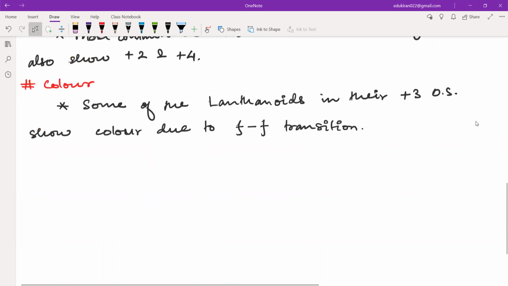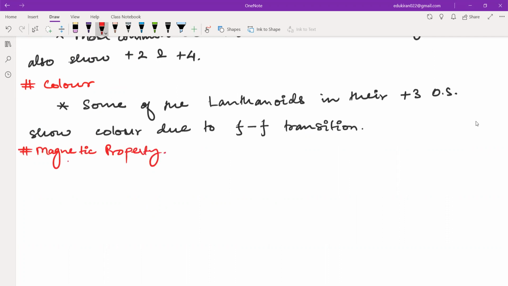Now next is magnetic property. I hope you remember, if we have unpaired electrons, then only will we have some magnetic property. So there are only a few lanthanides which don't have magnetic property. Otherwise all of them will have some magnetic property.